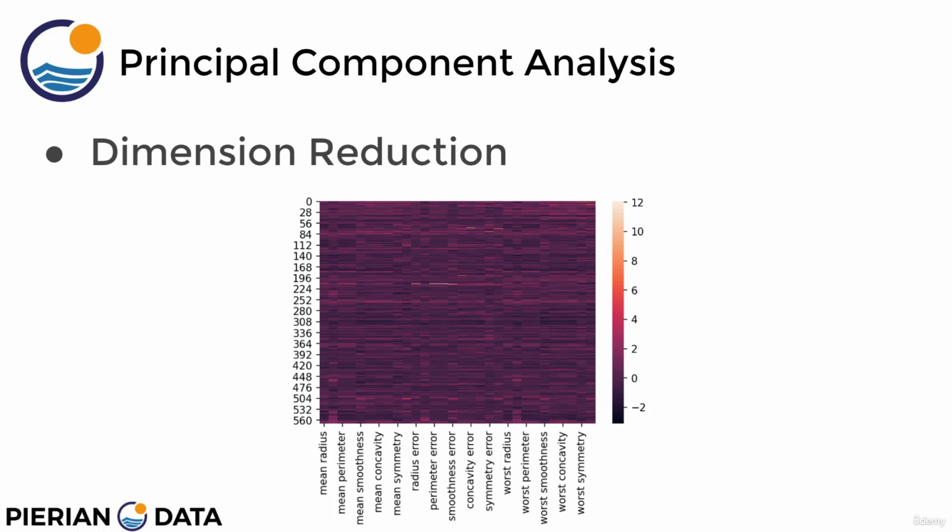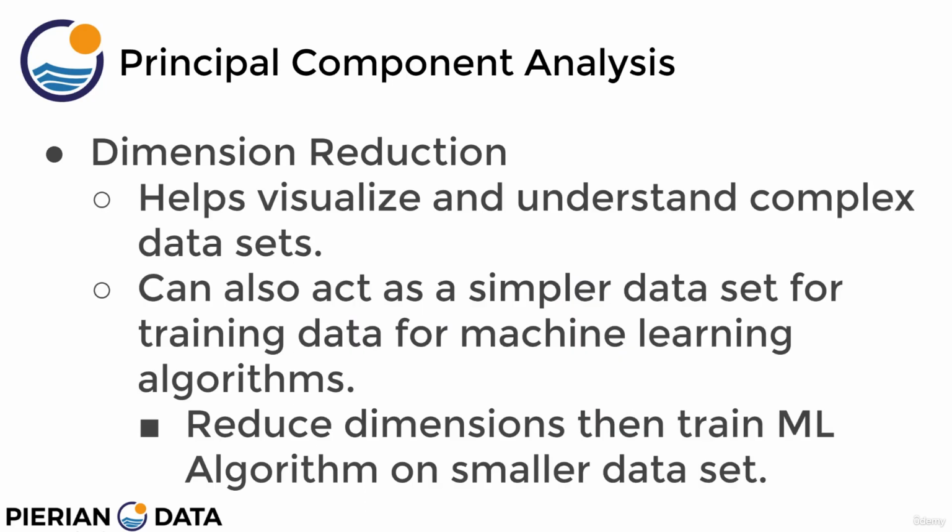So it would be nice if we could perform some sort of data transformation that resulted in dimension reduction. So really, dimension reduction will help us visualize and understand a complex data set. Now, in conjunction with that, it can also act as a simpler data set for training data for machine learning algorithms.